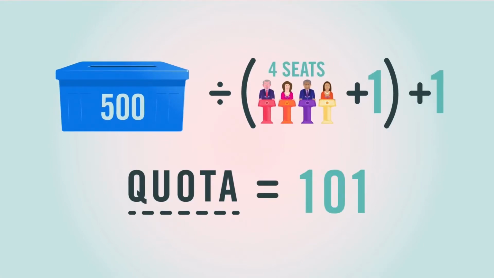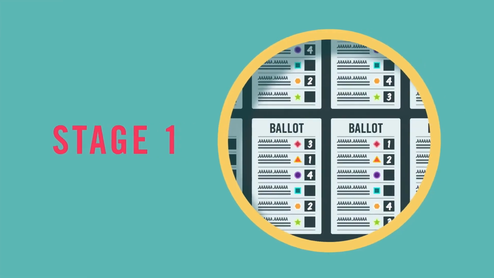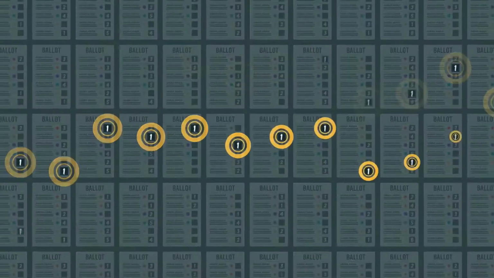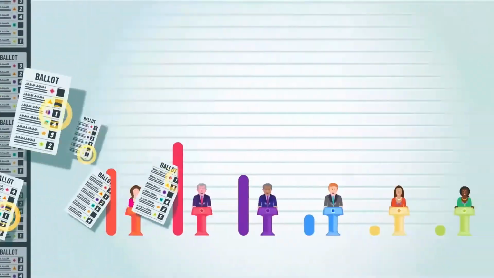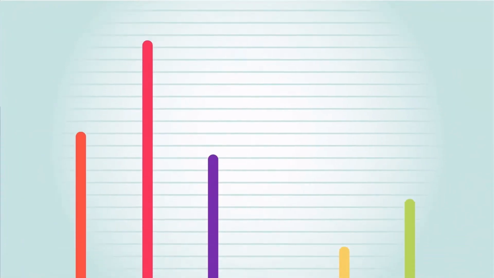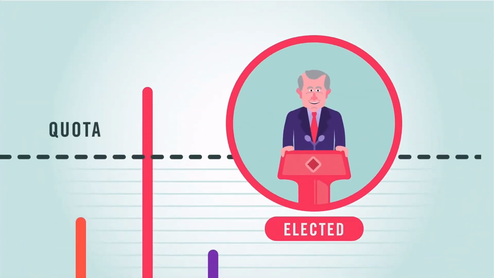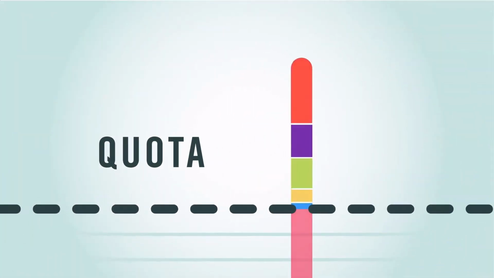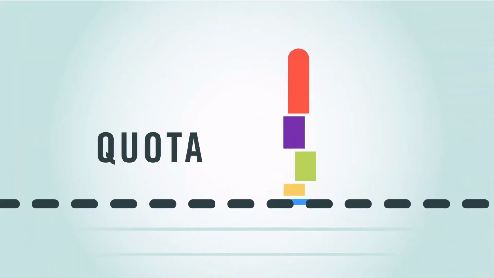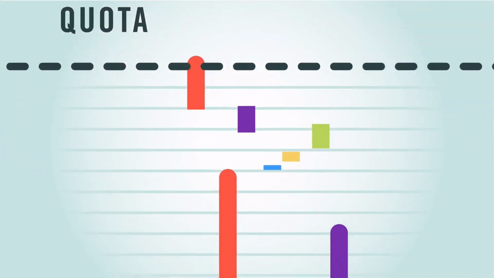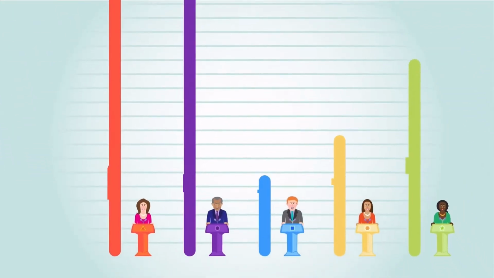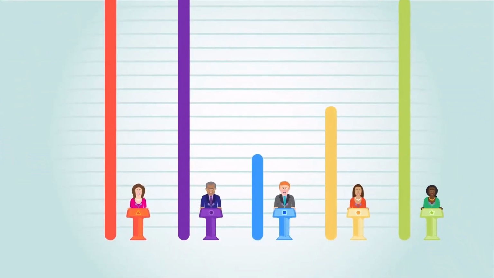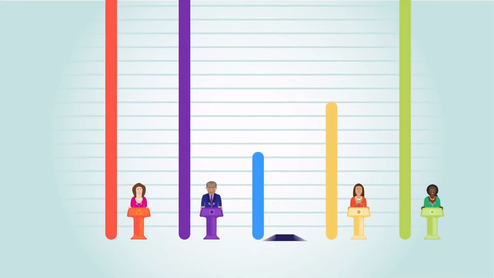The votes are counted in stages. Stage 1. Only first preferences are counted. Anyone who reaches the quota is elected. Stage 2. Any votes received for a candidate above the quota are transferred to the next choice on each of those ballot papers. If no candidate has enough votes to reach the quota, the candidate with the lowest number of votes is eliminated.